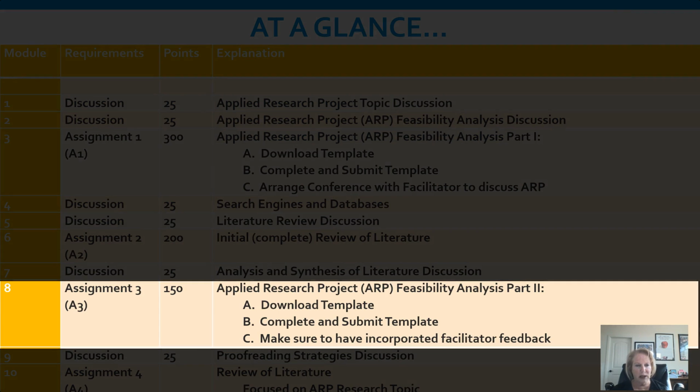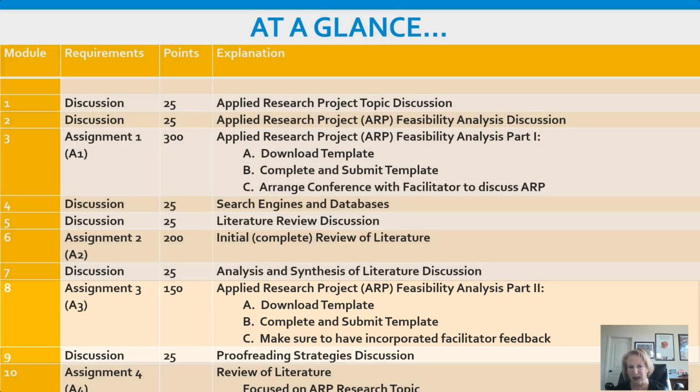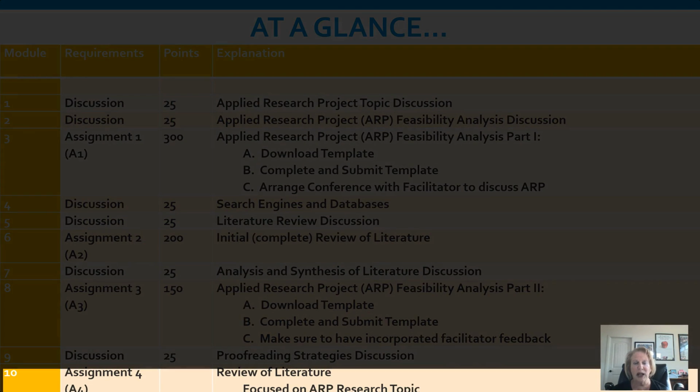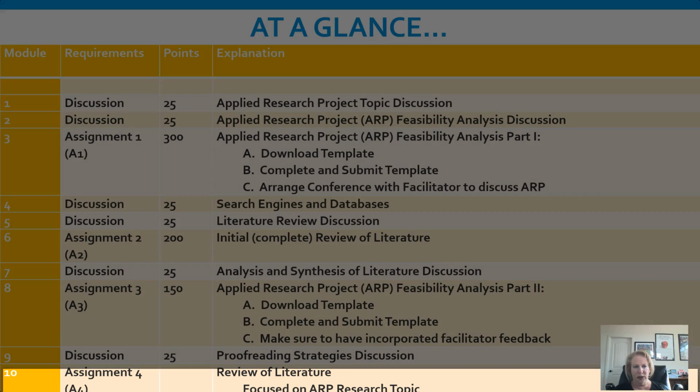In Module 8, we again have an assignment, which is the feasibility analysis part 2, and that is your complete feasibility analysis with the incorporation of facilitator feedback. In Module 9, we have a discussion about proofreading, and then in our final module, which is 10, we have our final assignment, which is the completed review of literature.